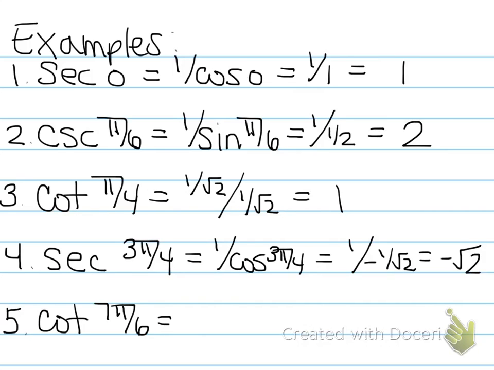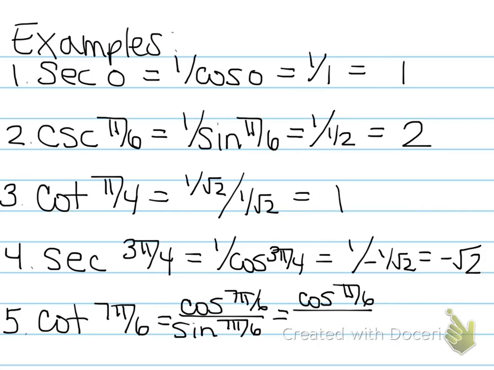Well, that is in quadrant 3, where cosine and sine are both negative, and since cotangent is the cosine over the sine, we know that this is going to be positive because a negative over a negative makes a positive. So now we're looking at our reference angle, and this is the same exact thing as the cosine of pi over 6 over the sine of pi over 6.